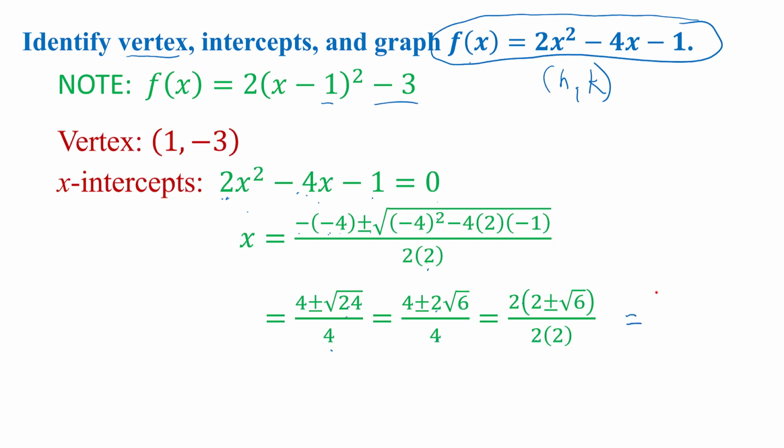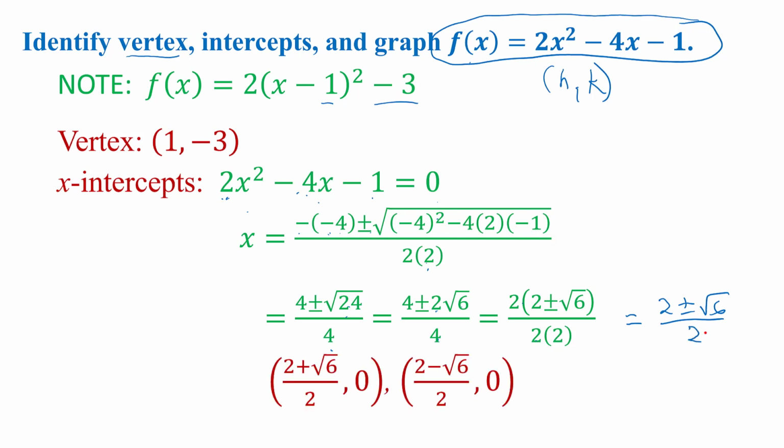Let's rewrite this, but we'd have 2 plus or minus square root of 6 over 2. And that would give me the two x-intercepts of 2 plus square root of 6 over 2, 0, and 2 minus square root of 6 over 2, 0. Remember that intercepts are points on the graph, so we want to write those as ordered pairs there.